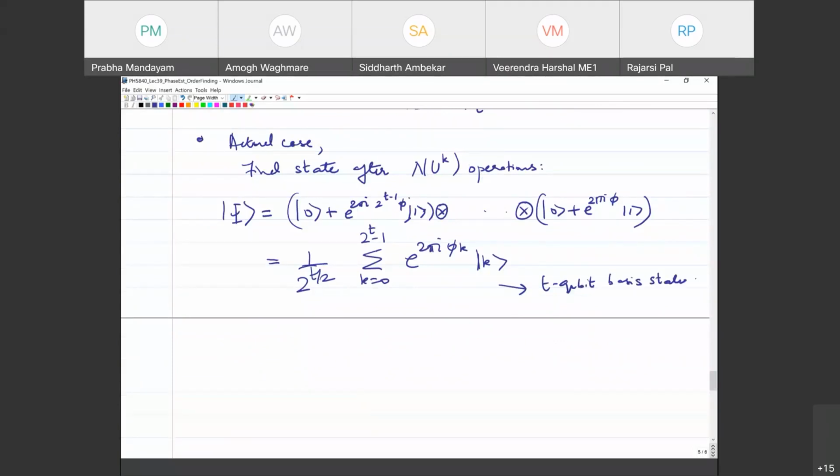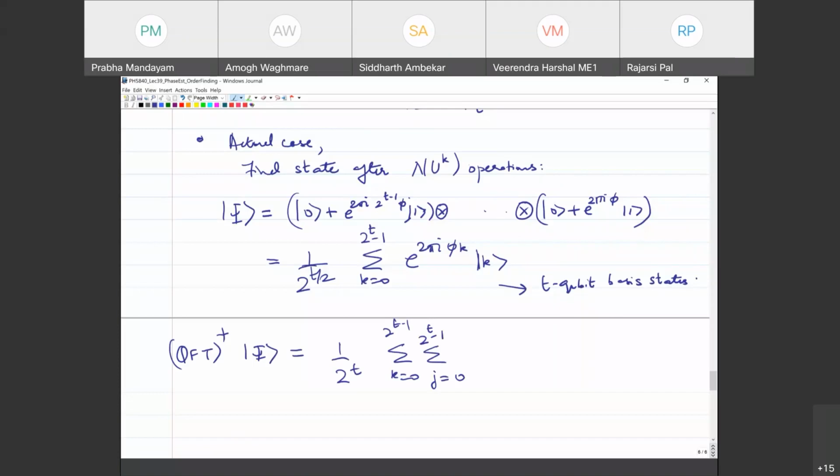Now you do the inverse Fourier transform on this. The inverse Fourier transform is going to add another sum over some other j index, which also goes from 0 to 2 to the t minus 1, because now you're doing the inverse Fourier transform on this t qubit space.